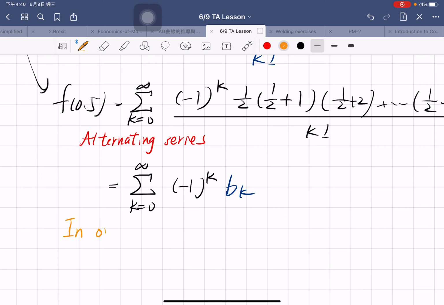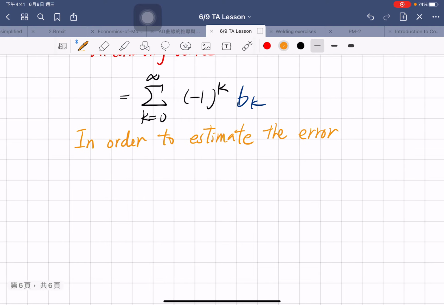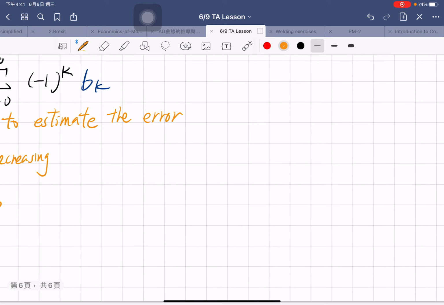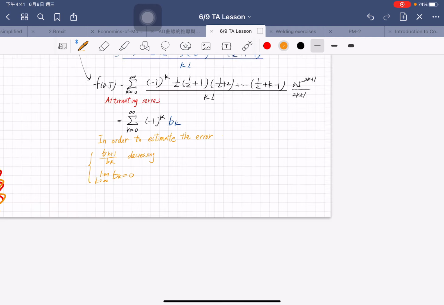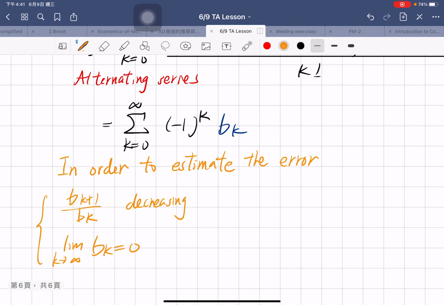We need to find that it converges so we can estimate the error. In order to estimate the error, we need to prove that our b_(k+1) subtract by b_k is decreasing. So I'll leave it to you. And our limit of b_k equals 0. Okay, so this will be the recall of our alternating series.